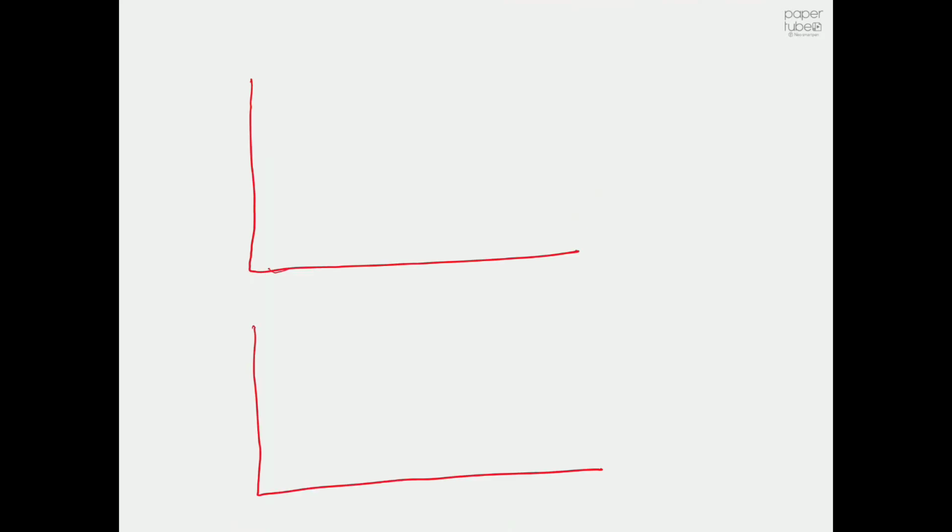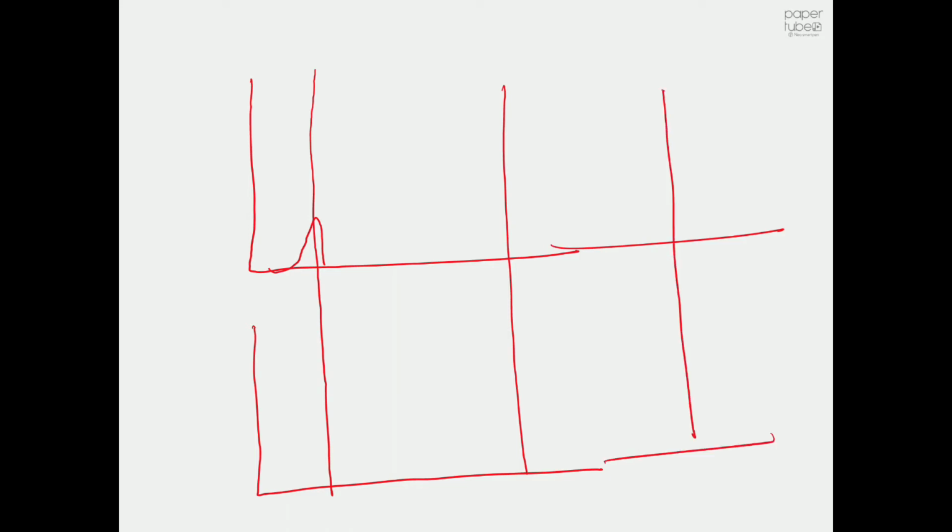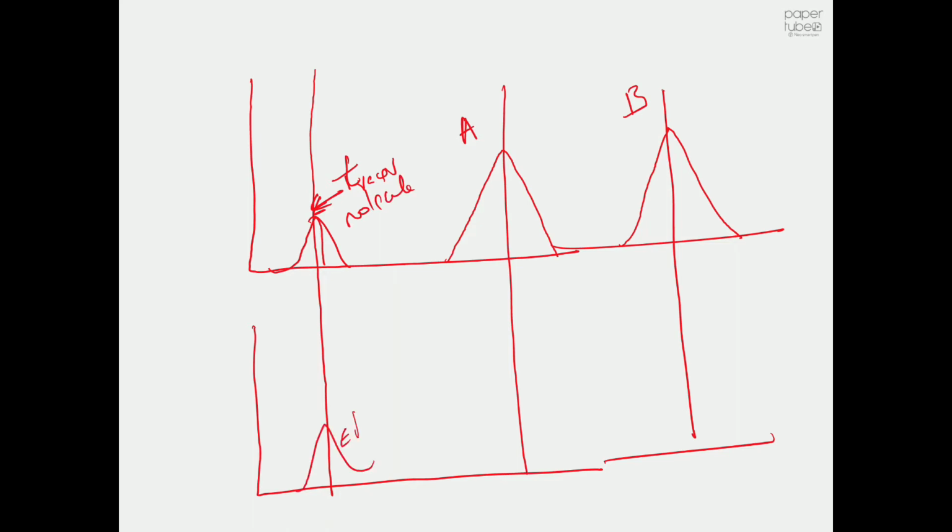So let's say we have two experimental outcomes, something like this. Say we have a mobile phase, drawing this vertical line for my convenience. So this is A, this is B, and this is something we obtained from the tracer molecule, again the same tracer molecule.